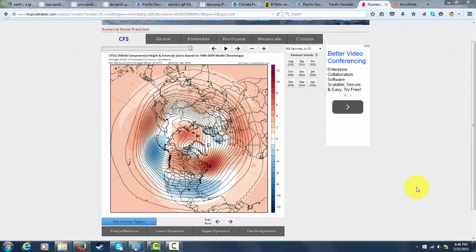Although I think that the lake effect season might not be as intense this year because of these warm anomalies, coupled with the fact that usually these kinds of patterns favor below normal precipitation across the eastern United States.